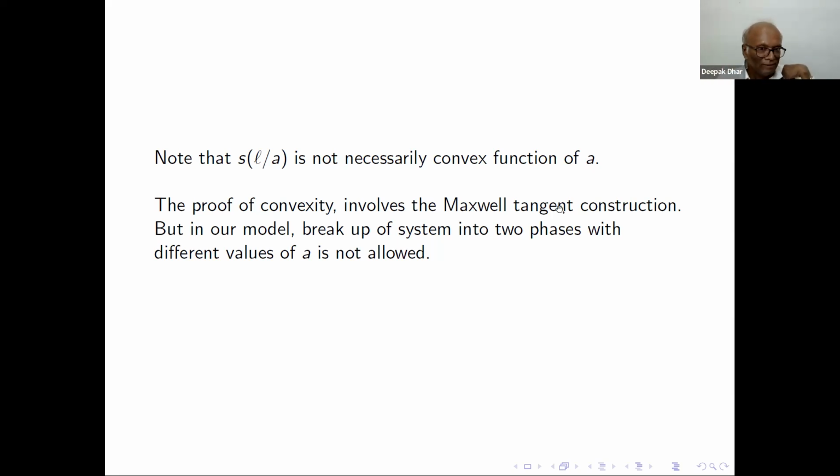That kind of argument is not valid in our setting, and so this Maxwell tangent construction doesn't go through. And SL by A is not necessarily a convex function of A. In many cases it could be, but it doesn't have to be everywhere.